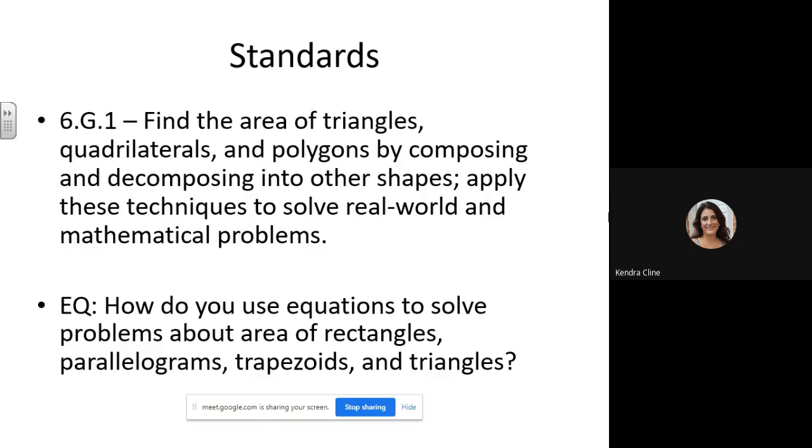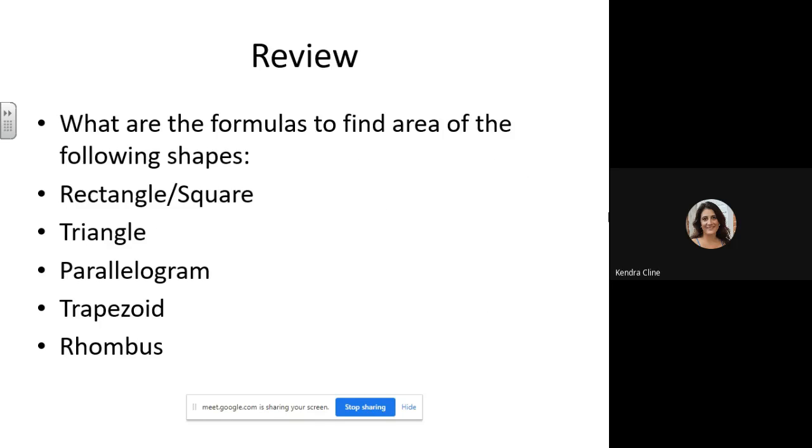So again, we're combining algebra and geometry for this lesson. Just to review, what are the formulas to find the area of the following shapes? Remember, a rectangle and a square share the same formula. You've got your triangle formula, your parallelogram formula, your trapezoid formula, and your rhombus formula.